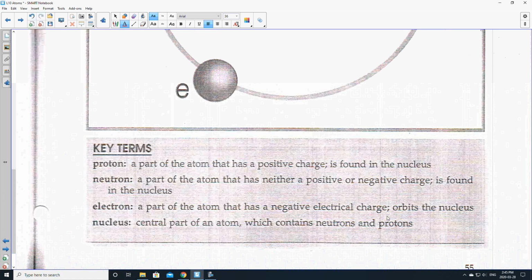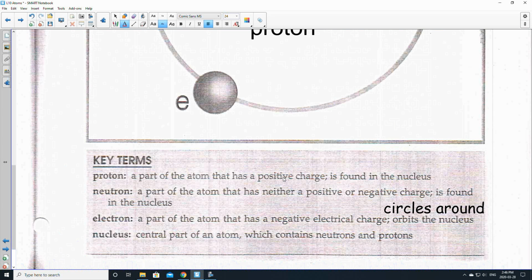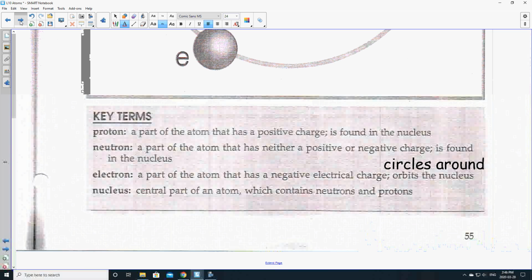Orbits means circles around. So please copy that down. And then lastly, the nucleus is the central part of an atom which contains neutrons and protons. Please copy those little notes down, and then we'll read the next part together.